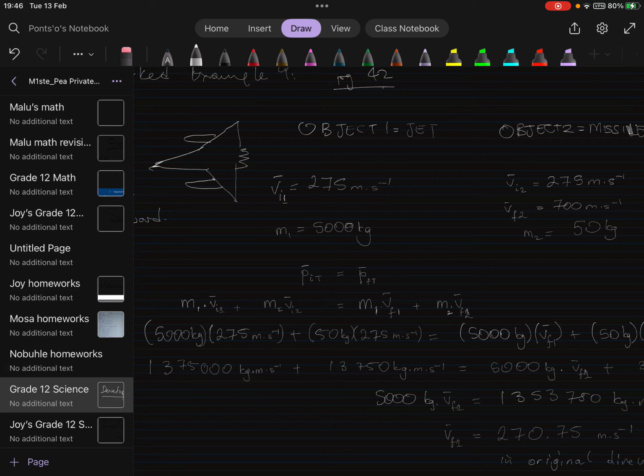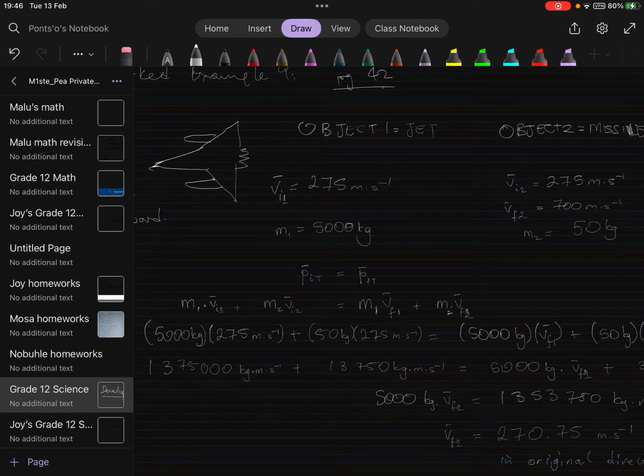But initially, they have the same velocity. Yeah. But now we notice that whilst the rocket has a final velocity of 700 meters per second, the initial velocity of the rocket was 275 meters per second.